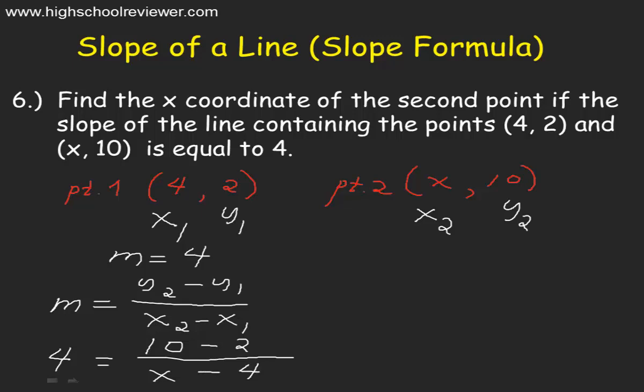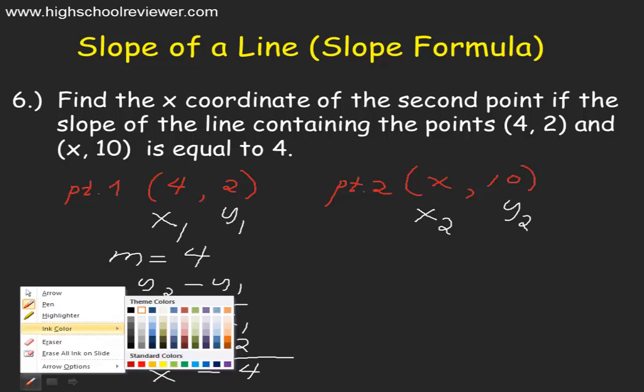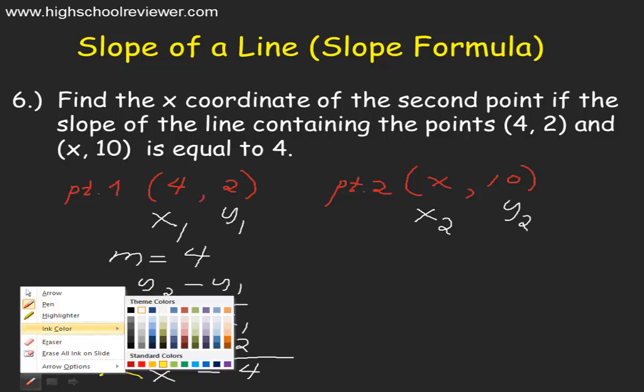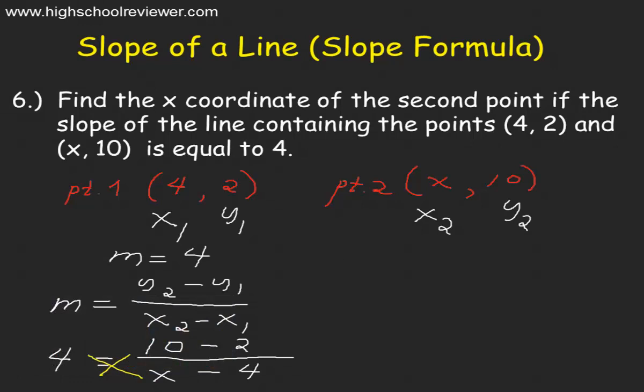Okay. So by cross multiplication, we are going to cross multiply. So this will be 4 multiplied by the quantity of x minus 4, and since this is considered as 1, so 10 minus 2 will remain here.